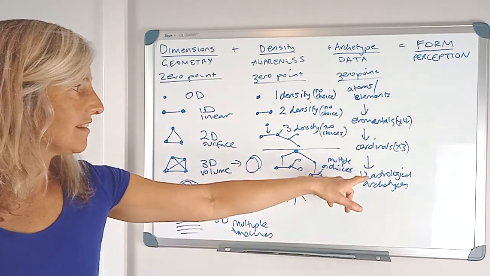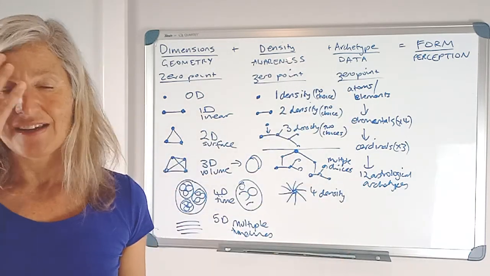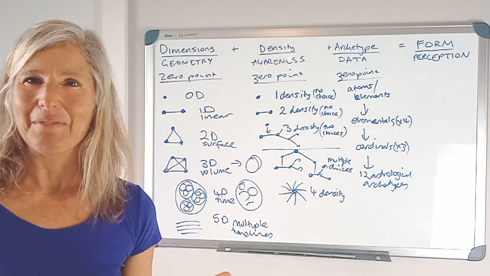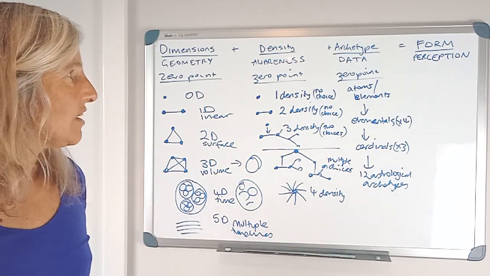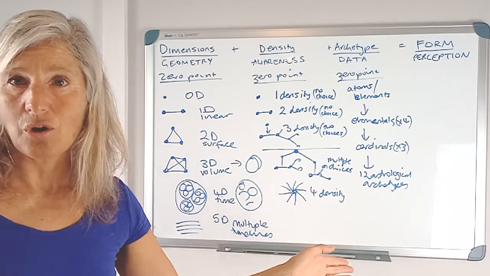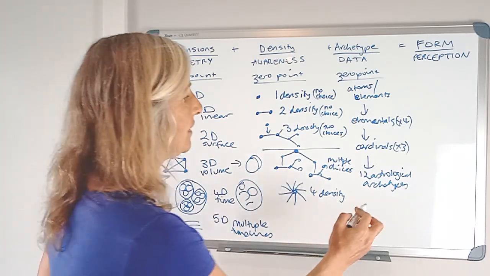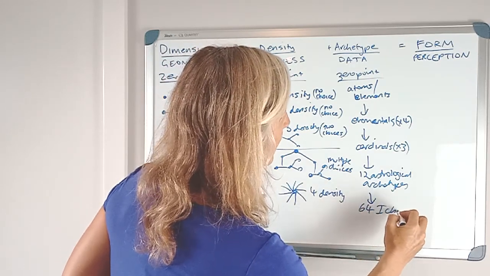It's fascinating to think that it stems right back to elements and how that becomes the building blocks for something like a mental concept of a person. It's really incredible. And we see these archetypes even flowing on further and becoming more and more complex and more diversified. I'm going to put down here the 64 of the I Ching.